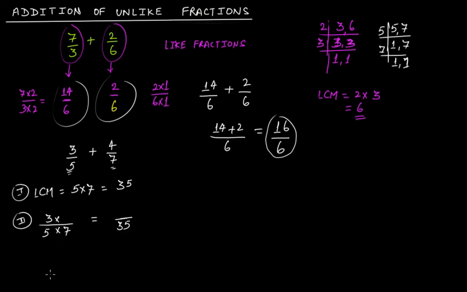That is 7. Now since I am multiplying the denominator with 7, I have to multiply the numerator also with the same number, that is 7. So 5 times 7 is 35, 3 times 7 is 21.